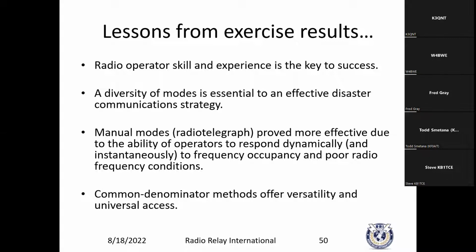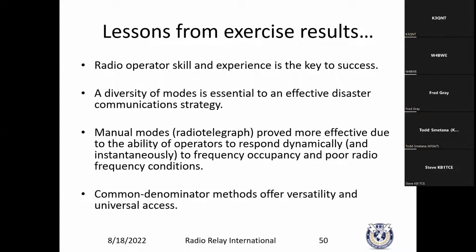I'm not saying everybody should have to learn it, but we shouldn't dismiss modes and methods and networks because we have a certain bias toward a certain methodology, or because some guy with very little experience in emergency management and disaster response says, well, this is the way it is. Well, okay, how do you know that?